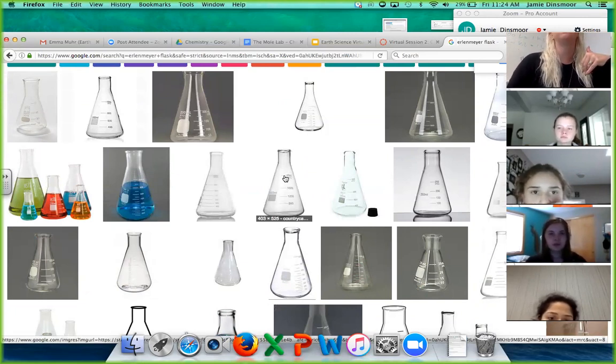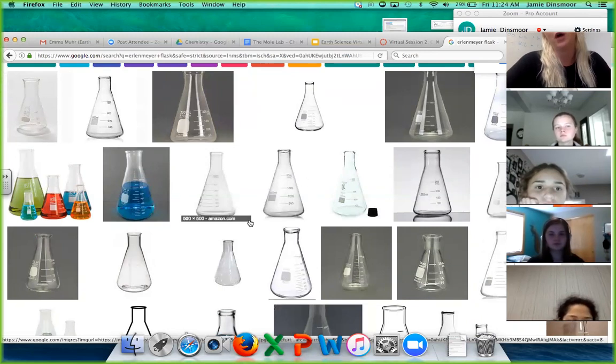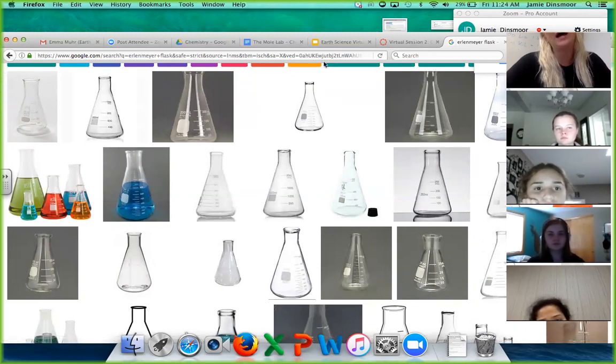For example, if we have water and alcohol mixed together, they're both liquids and both look clear. How do we separate them? Well, we can boil the alcohol off, have it go up a tube to another area where it cools down and condenses. So Erlenmeyer flasks would be used in situations like that. They're not usually for volume.